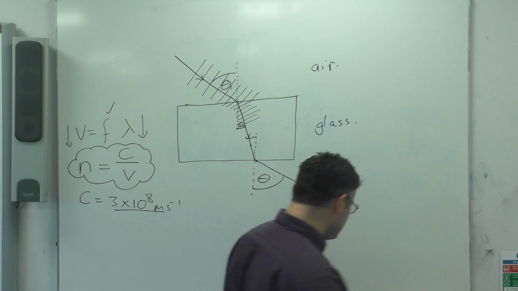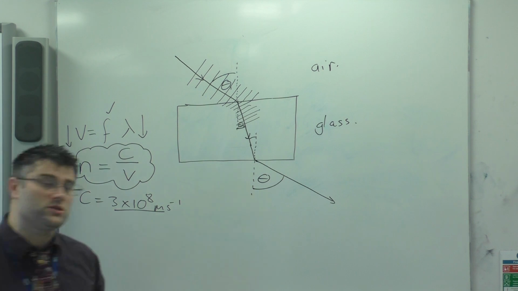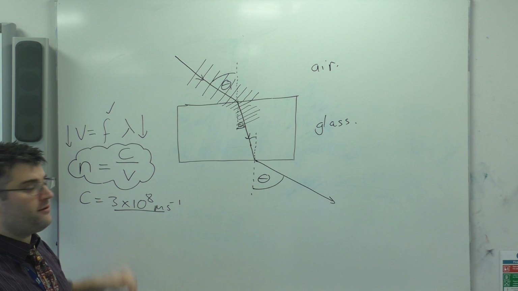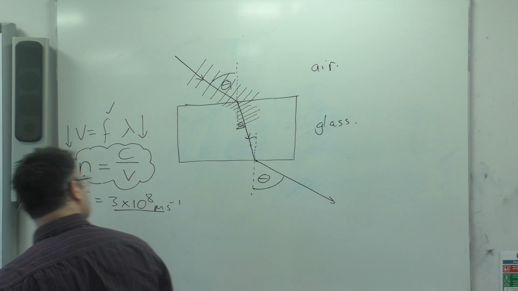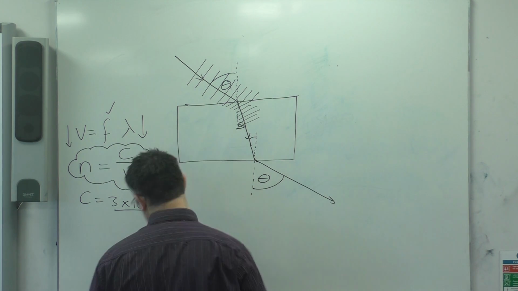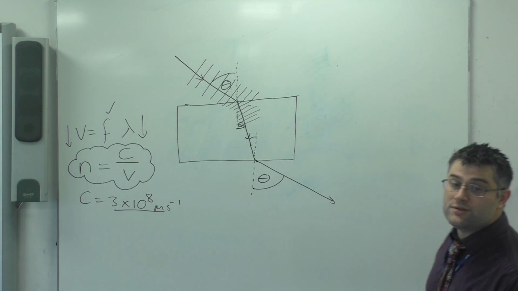So as I've already mentioned, Snell's law is going to enter in very strongly here, because Snell's law is what we'd utilize to allow us to work out this value of n right here. And I'm just going to rub out the words over here so I can have some space to write them. So Snell's law then.